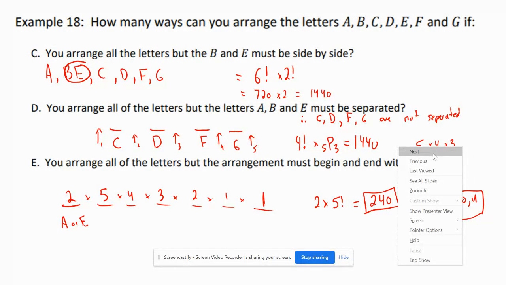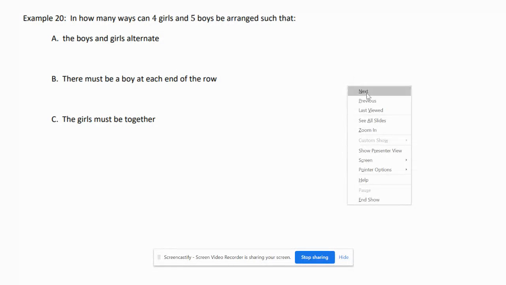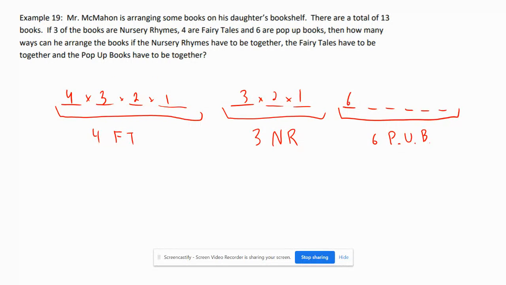And then we have 6 pop-up books, so 1, 2, 3, 4, 5, 6. Over here this is going to be 4, 3, 2, 1. And then we have our 3 nursery rhymes, 3 times 2 times 1. And then we have 6 factorial for the pop-up books.